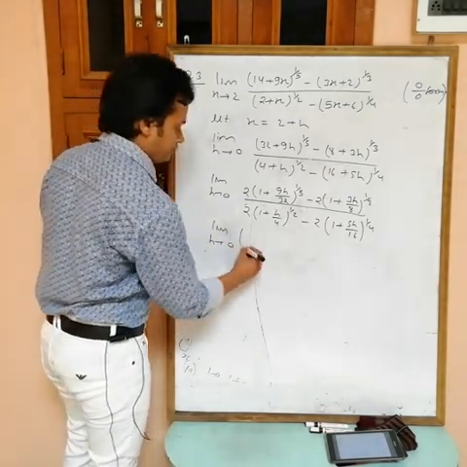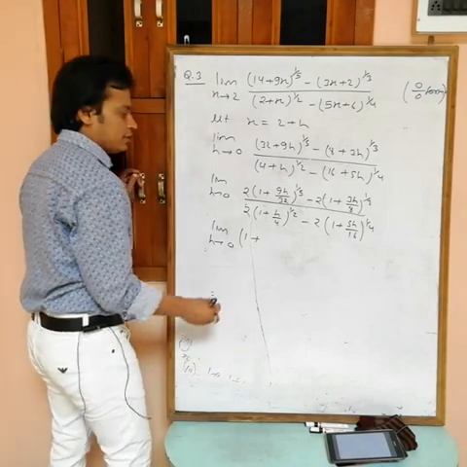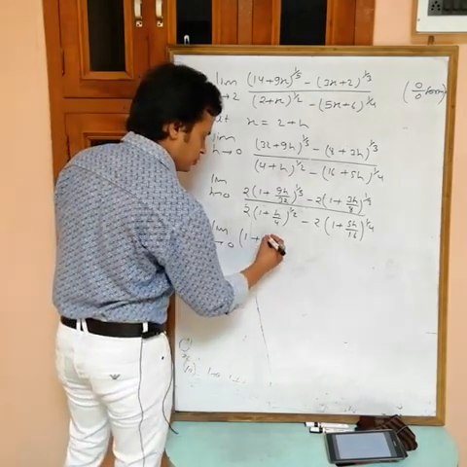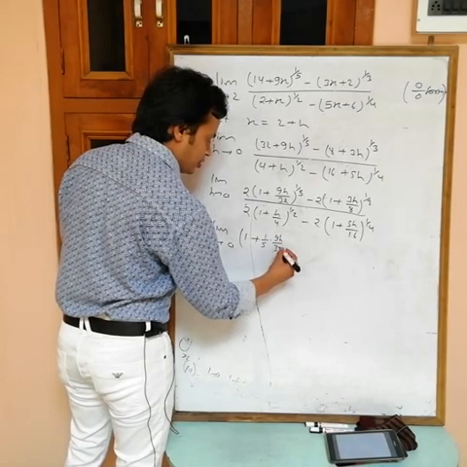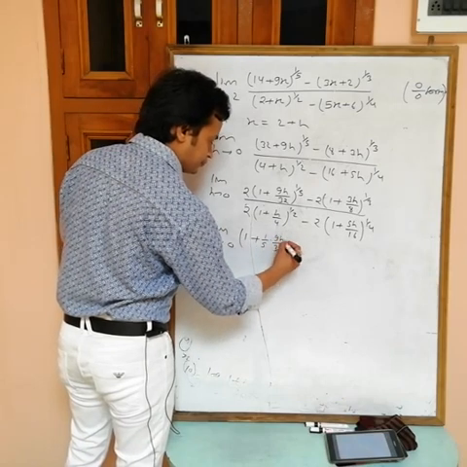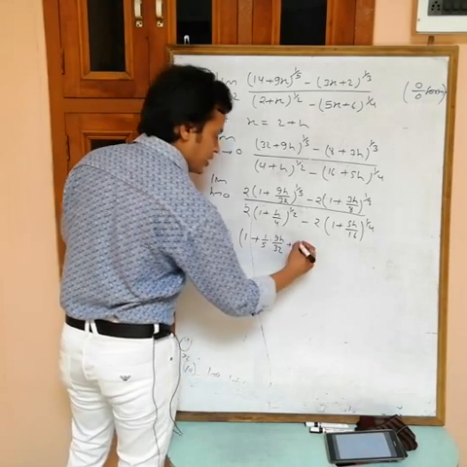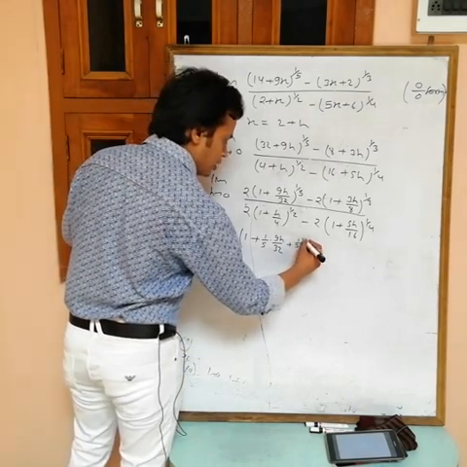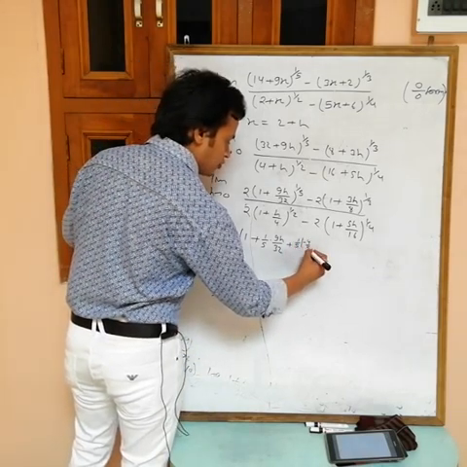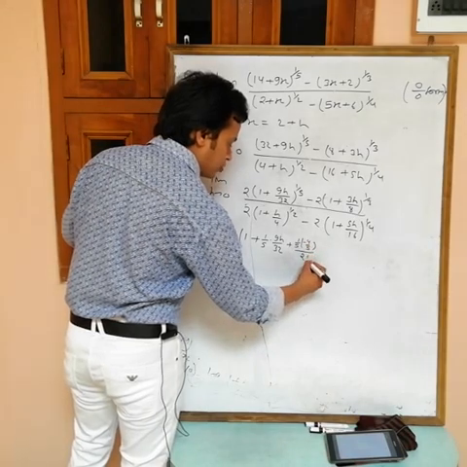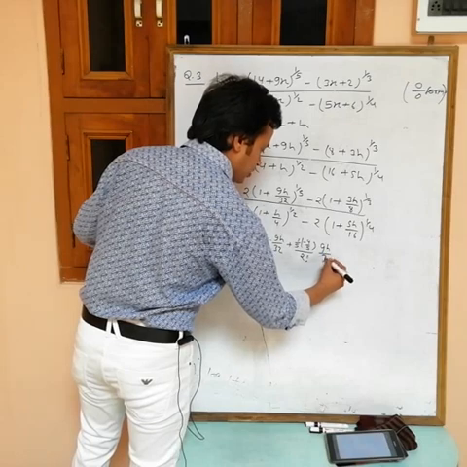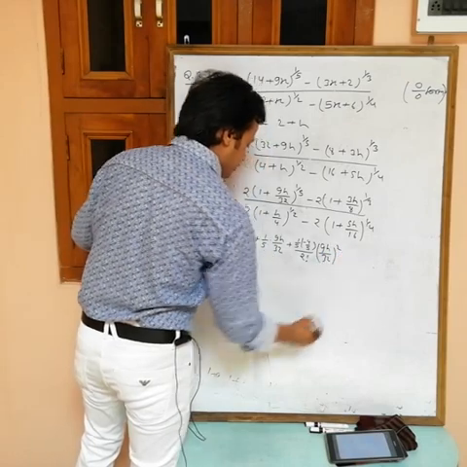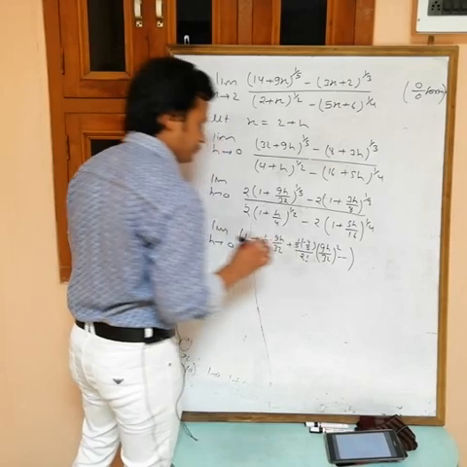Limit h tending to 0. 1 plus n h, 1 by 5 into 9h by 32, plus n, n minus 1 is minus 4 by 5 by 2 factorial into square of 9h by 32. Okay.